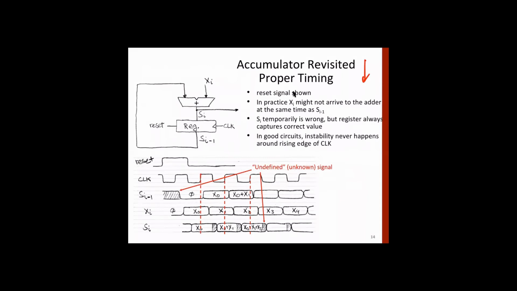Output is Si minus 1. Okay, so there is always, at this leading edge, so basically there has to be delay. There has to be some time here which is setup time, some hold time, and then there is some delay, and that is reflected in the diagram, right?